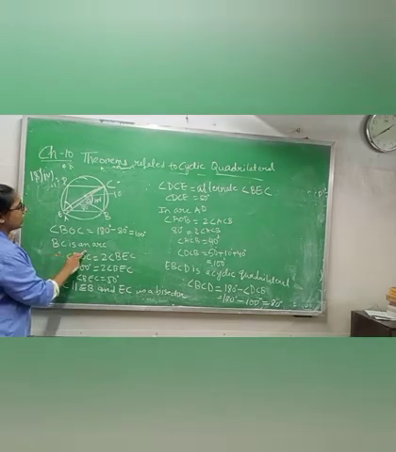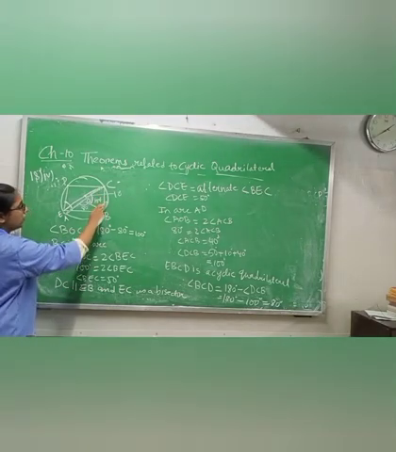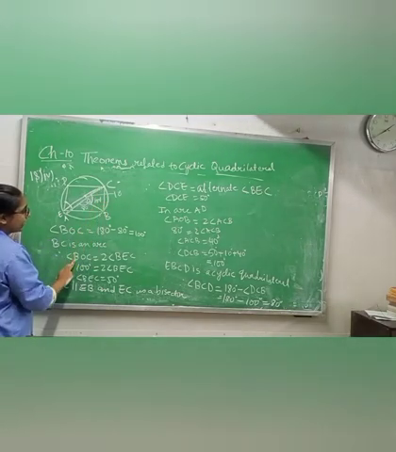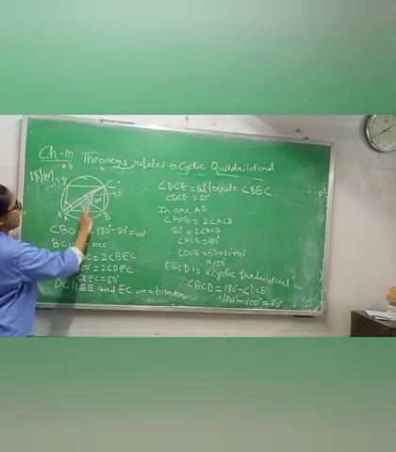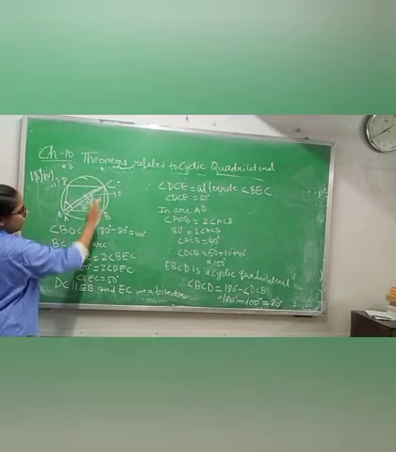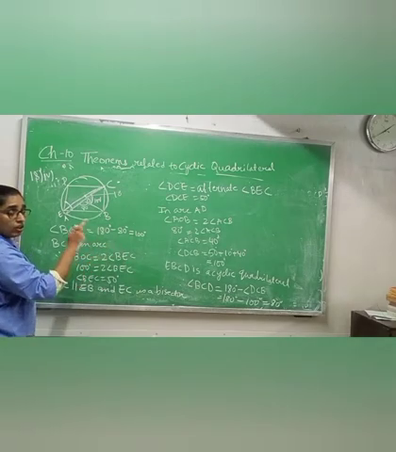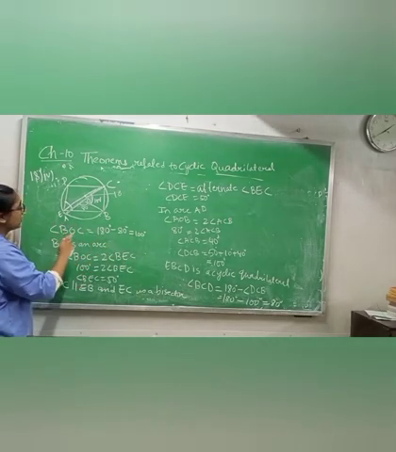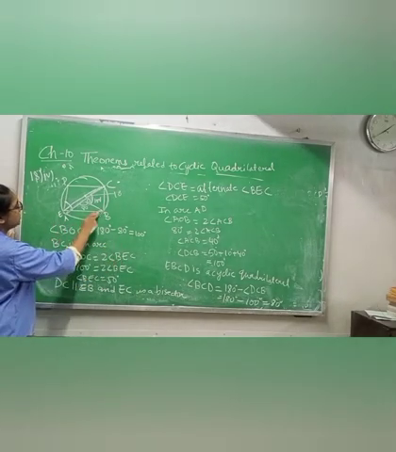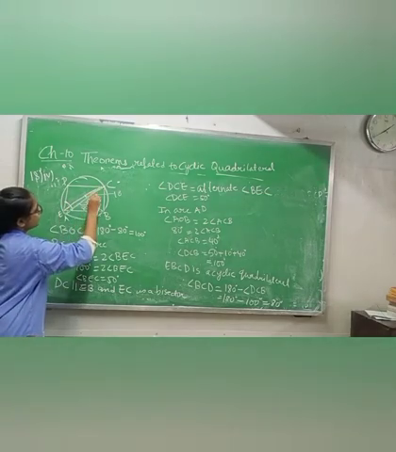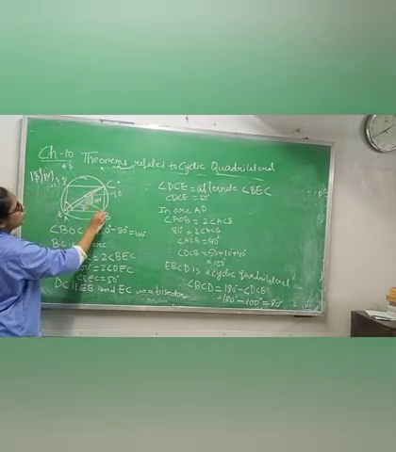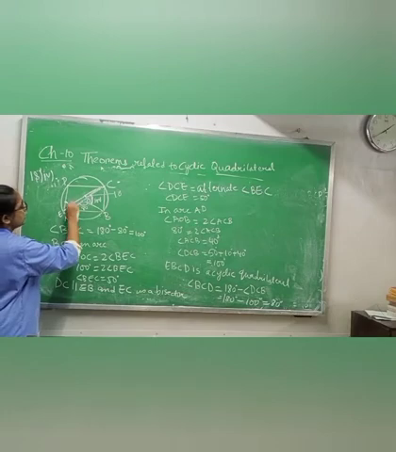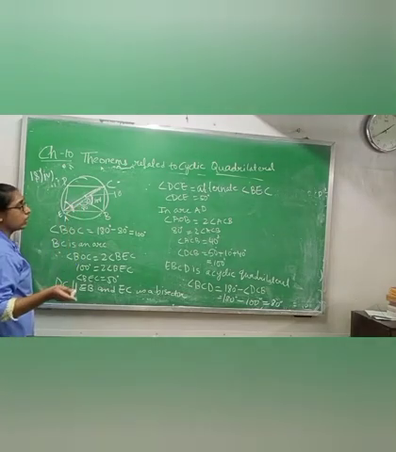Now BC is an arc. When BC is an arc, the center angle BOC is always double the angle on the circle. The angle on the circle is BEC. This one is the center angle BOC and this one is BEC, the angle on the circle.